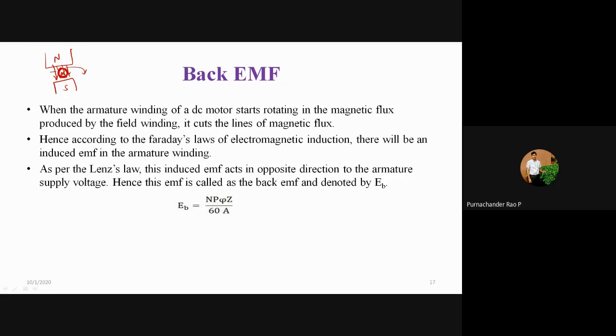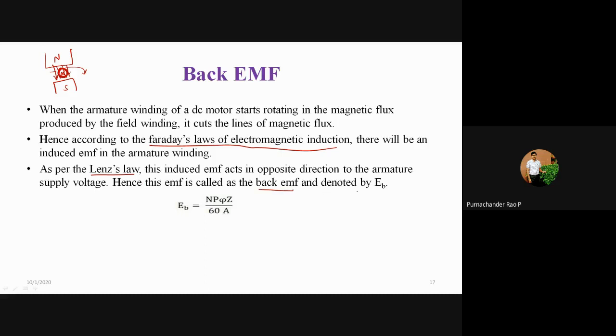As per Faraday's laws of electromagnetic induction, whenever a conductor cuts the magnetic field, an EMF is induced in the conductor. As per Lenz's law, this induced EMF has to oppose the direction of your armature supply voltage. Hence, this is called the back EMF.